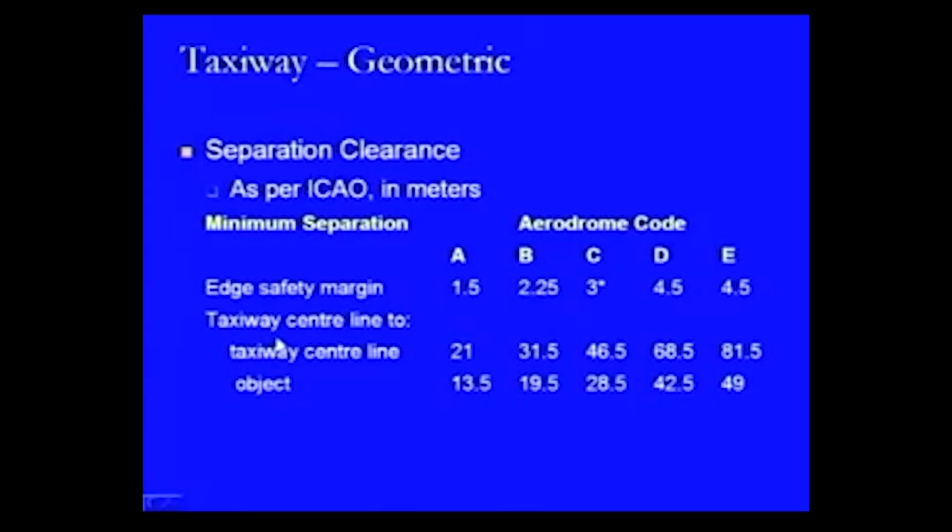Whereas if it is the distance between the taxiway center line and the object, then this varies from 13.5 meters for aerodrome code category A to 49 meters for category E, with the intermediate values as 19.5, 28.5 and 42.5 meters. In case of the aircraft stand taxi lane, this value ranges from 12 to 42.5 meters, with values in between as 16.5 meters, 24.5 meters and 36 meters.